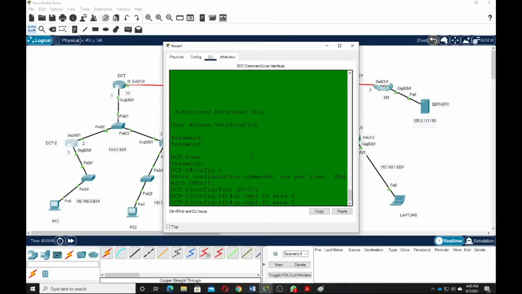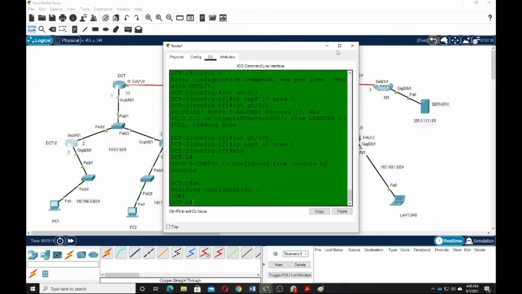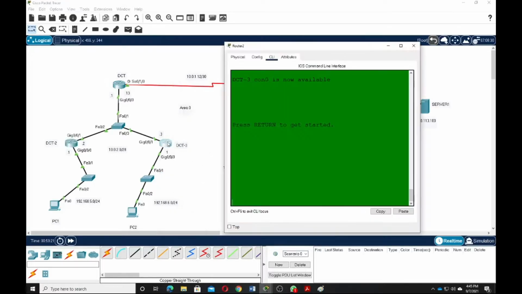Okay, and then another interface, enter. And then we have DCT3.